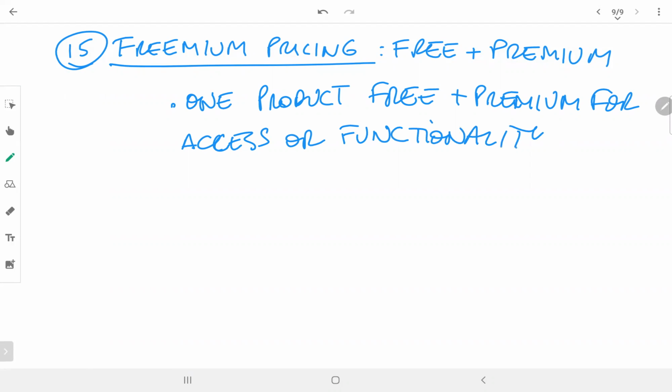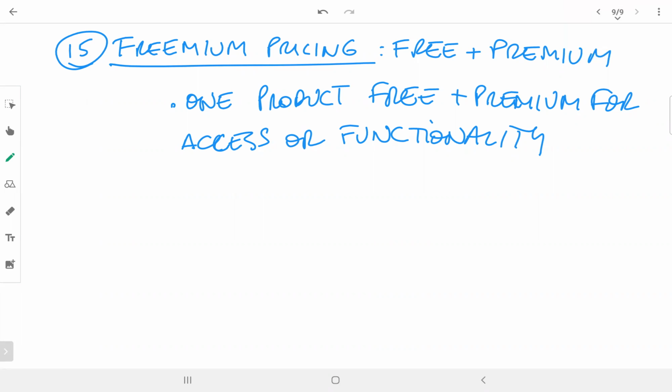Can you think of any example of freemium pricing where it's free, but then you have to pay a premium for extra access or a lot of extra features? Phone games. Okay, online games, the extra Wall Street Journal features. Yeah, there's a ton of digital newspapers now where you can read a bunch of articles, but if you want the whole thing, then you have to pay extra. You see these with software.